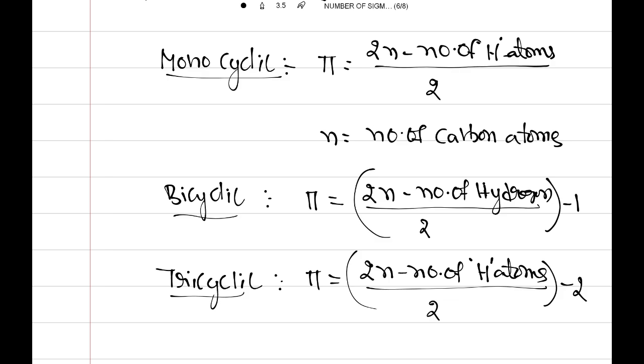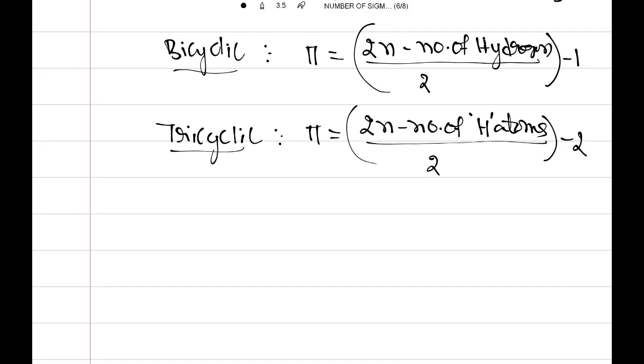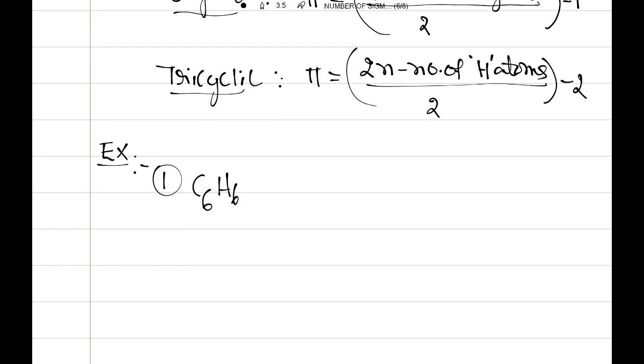Okay, and we will go through some examples here. The first one I am taking is benzene. The benzene formula is C6H6. So how many sigma and pi bonds are present? As we discussed earlier, the number of sigma bonds is equal to the number of atoms. Here the total number of atoms is 12, so the number of sigma bonds is also 12.